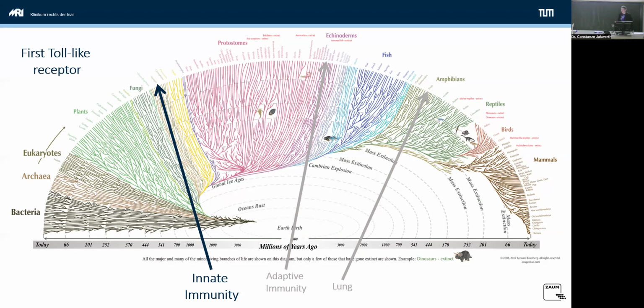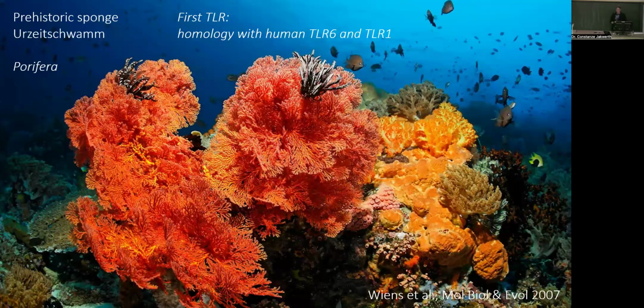The first toll-like receptor, toll actually coming from the German word toll. So these awesome receptors were first expressed in the sponge. In the prehistoric sponge, we have the first TLR, which had a homology with human TLR6 and TLR1.